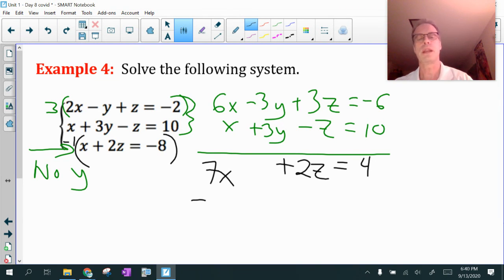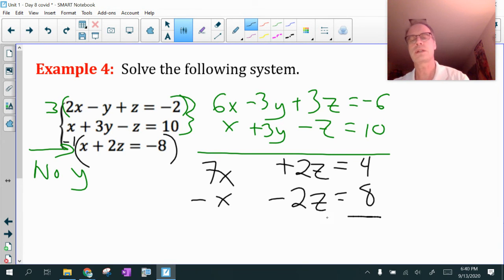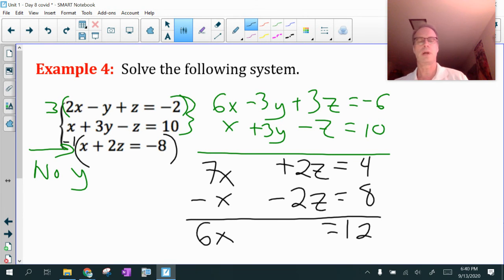So I'm looking at negative 1x minus 2z equals negative 1 times 8, which is negative 8. So I'm ready to go. 6x, 12x equals 2. One down, others to go.